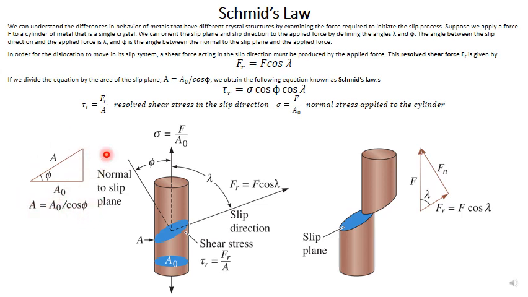This is quite obvious from this triangle. Now, if we divide this equation by A, we will get what is called Schmidt's law.